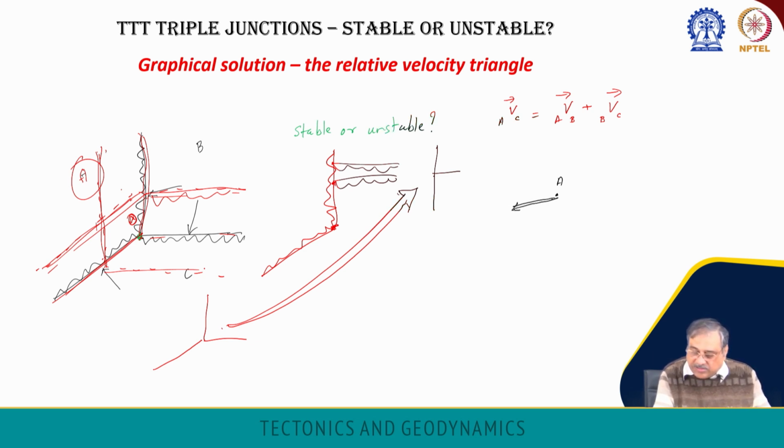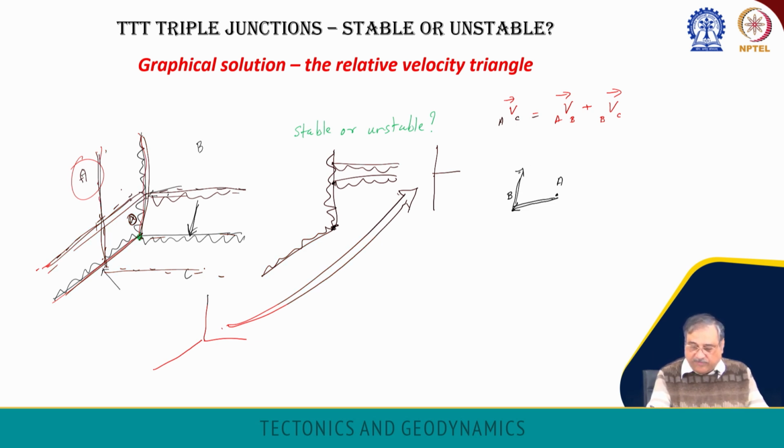So this would be the position of plate B. I'm taking it directly from here and using it here. So B with respect to A, and then you have C with respect to B. Now this boundary here is B with respect to C. So C with respect to B is exactly the opposite of this. So it would be in this particular direction.